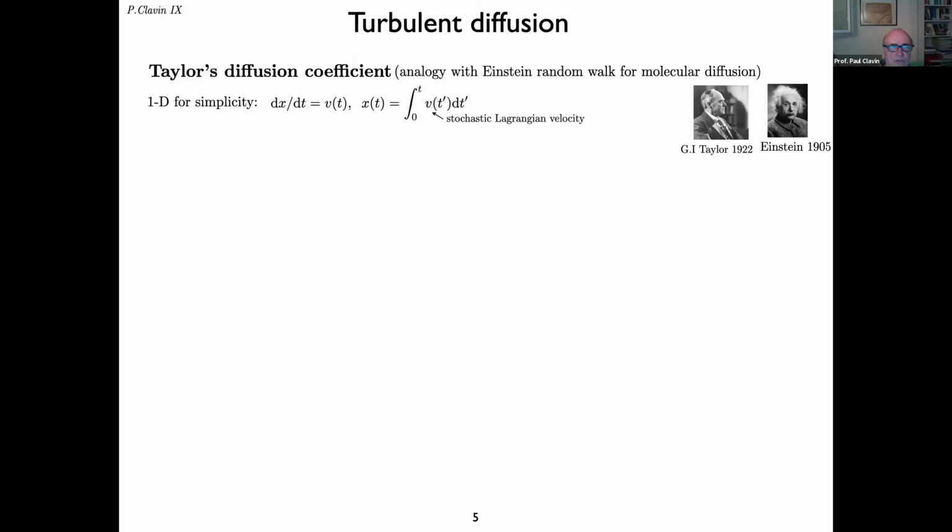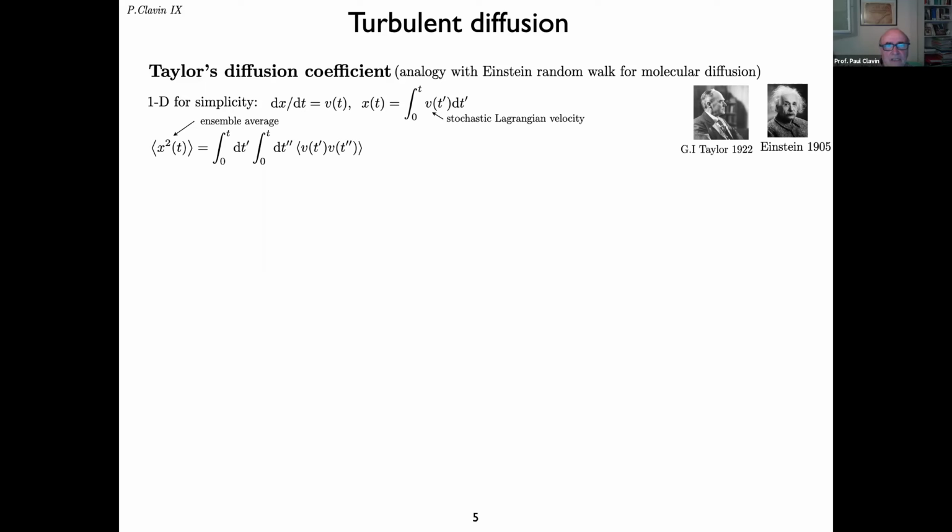Consider for simplicity the one-dimensional case. So you have a fluctuating flow velocity, here called V(t). You have, let's say, a Lagrangian displacement x(t) here. You can compute the average of the square of this, and this is related to V, which is a stochastic Lagrangian function, let's say a stochastic flow velocity depending on time.